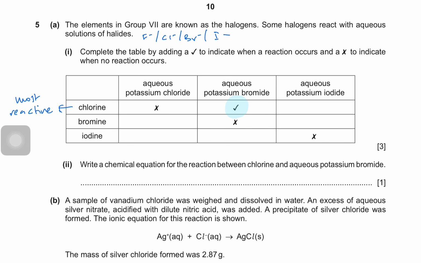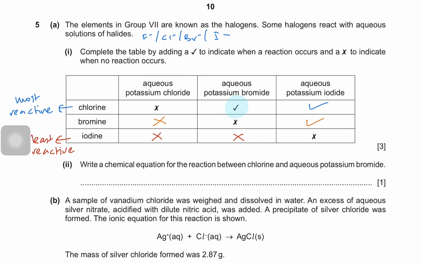So chlorine will indeed react. Iodine is the least reactive, so iodine does not react. Bromine is more reactive than iodine, so bromine reacts with potassium iodide but does not react with potassium chloride.